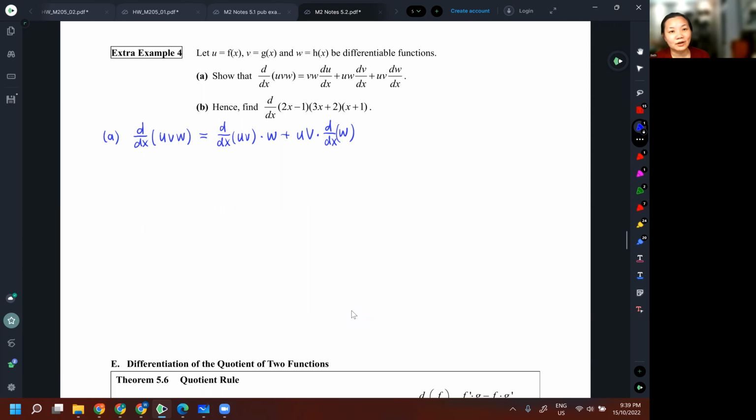Even though you have the product of 3 functions, you can just see this result as the product of 2 functions, where you see UV as a whole. UV is 1 unit.